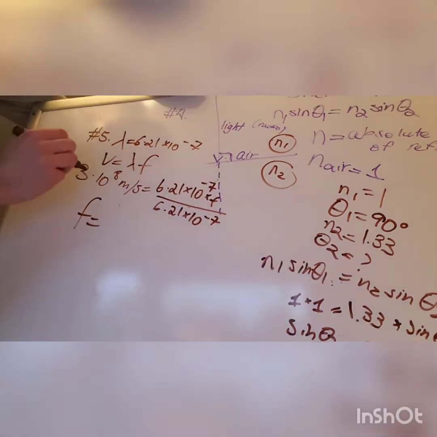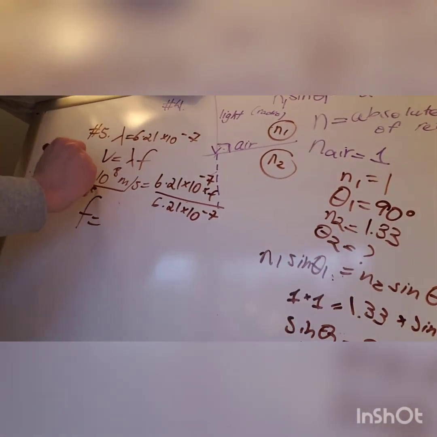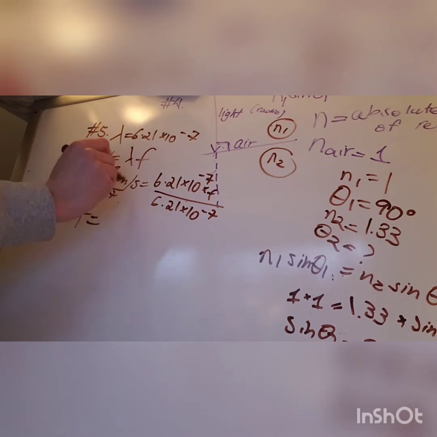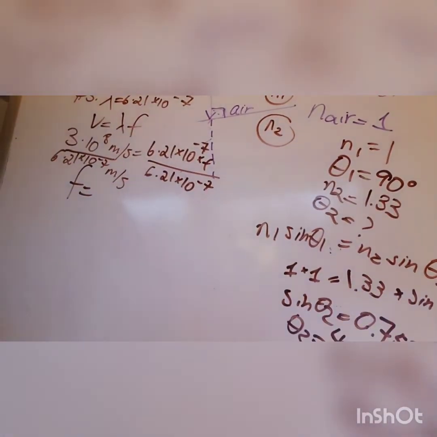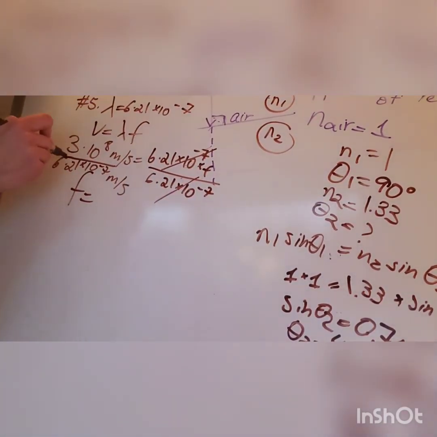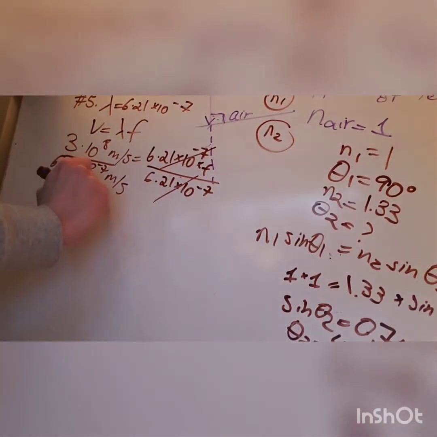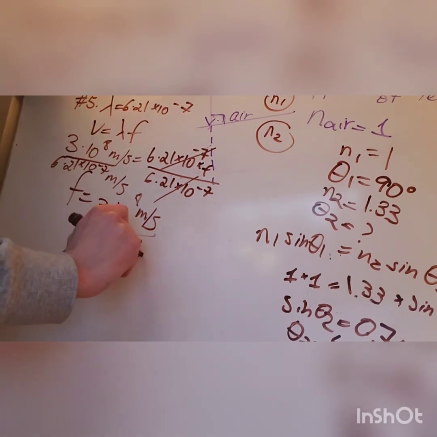Oh no, I think one of you got this wrong, by a really slight error. You divide both sides by 6.21 times 10 to the minus 7th to cancel it out on this side. On this side, you have 3 times 10 to the 8th meters per second over 6.21 times 10 to the minus 7th meters.